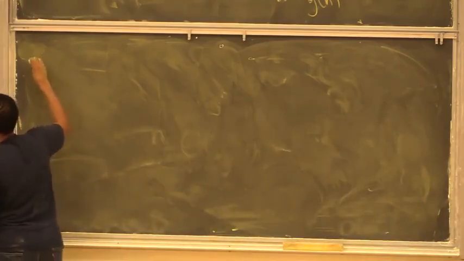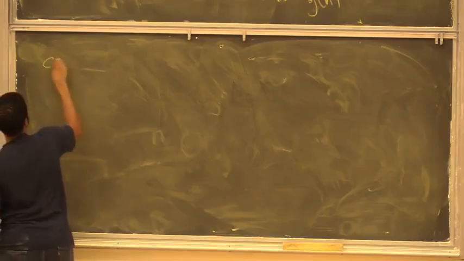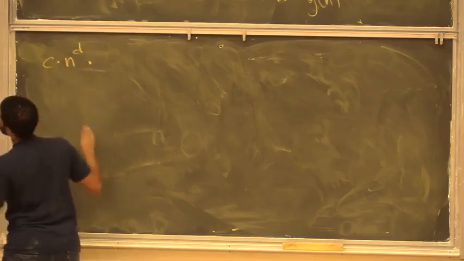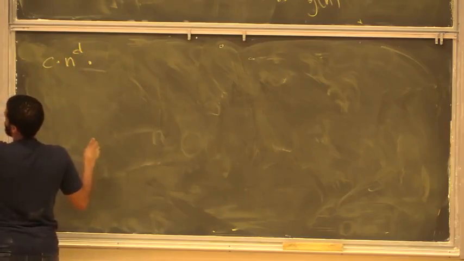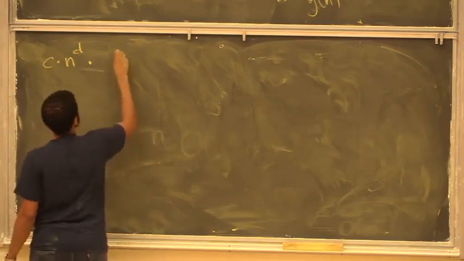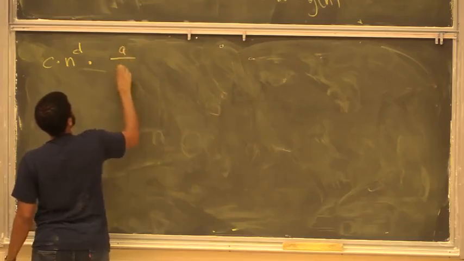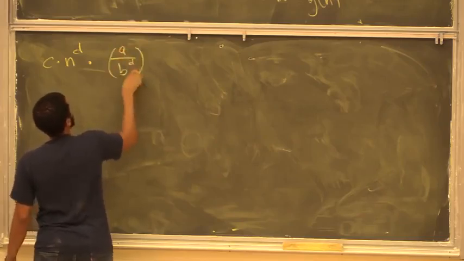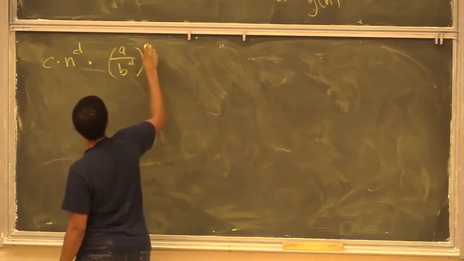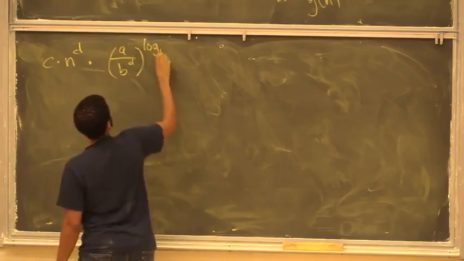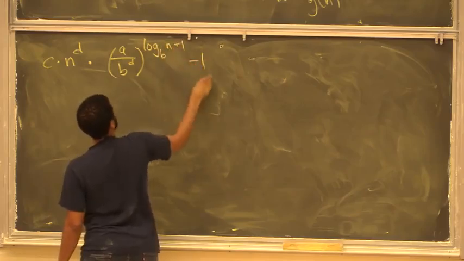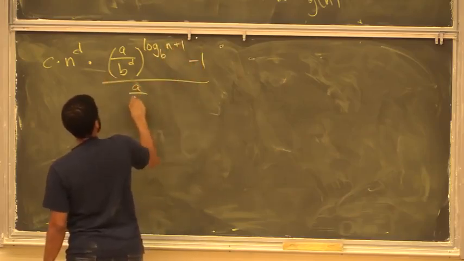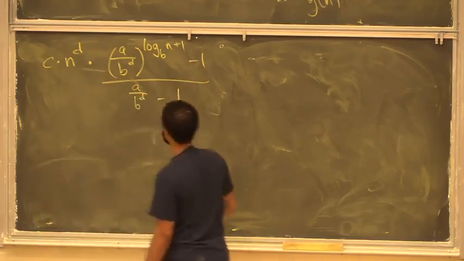In the other case, what I have is c times n to the d times p to the k plus 1 minus 1 over p minus 1. What's p to the k plus 1? It's a over b to the d to the log base b of n, plus 1, minus 1, over a over b to the d minus 1.